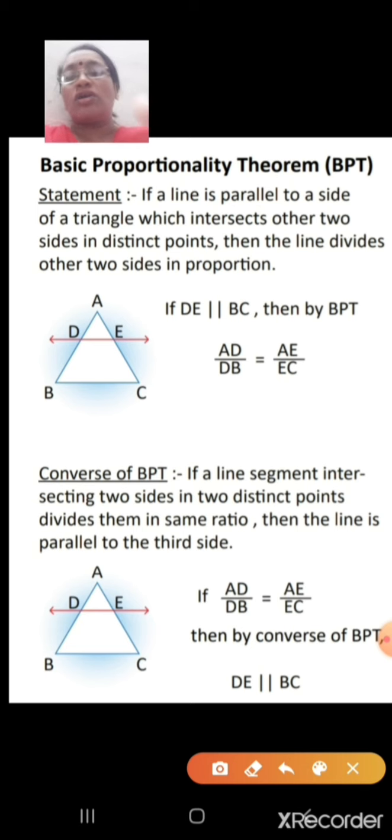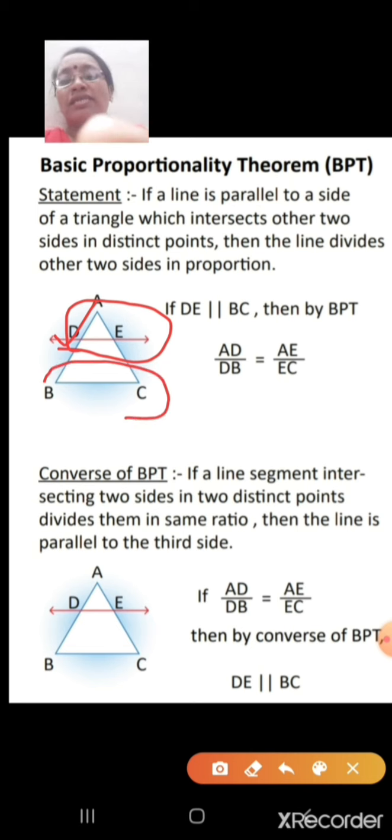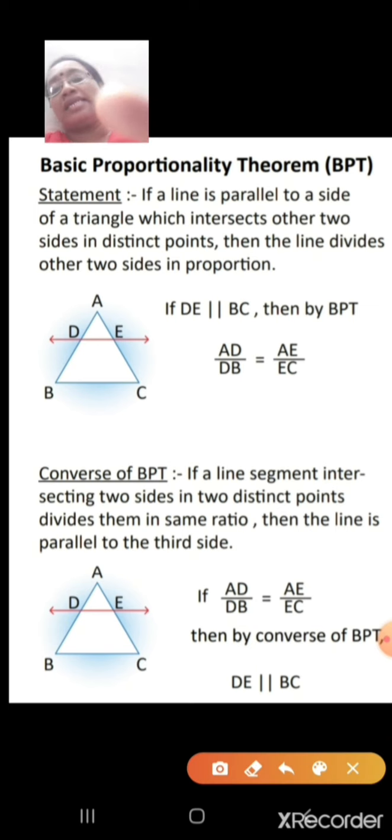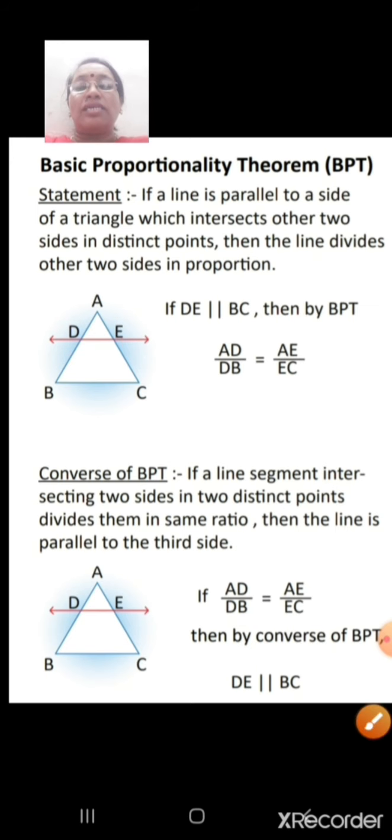If a line is drawn, this DE is that line, drawn parallel to the side BC of the triangle. After that, if DE intersects AB at the point D as well as AC at the point E, then that line divides those two sides.